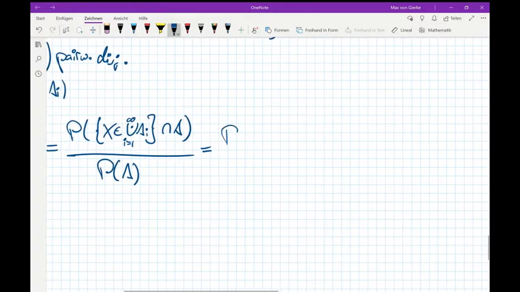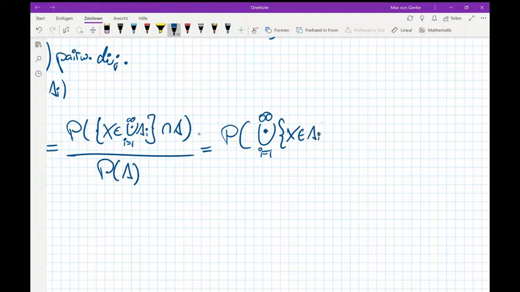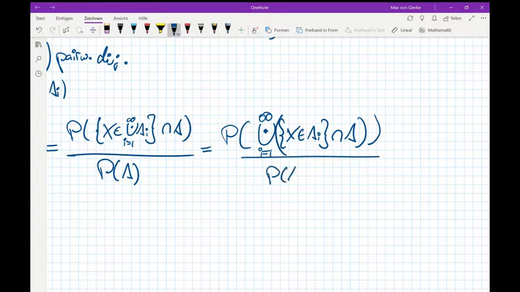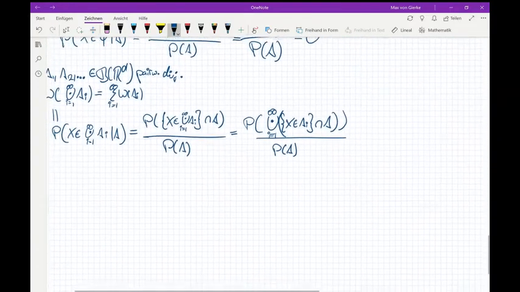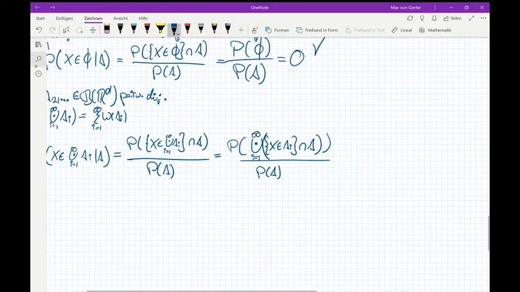So what we have here is the union, still disjoint, of x is in A_i intersected with A. Yeah, we have this equality here.